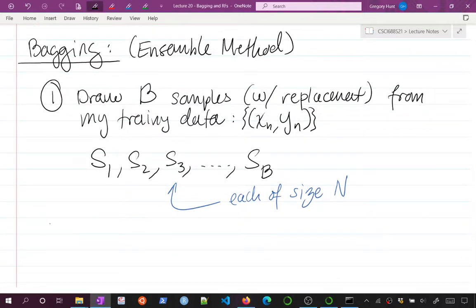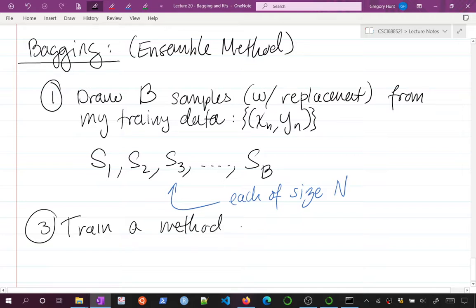Our second step is we're going to train a method on each sample. Let's call it S little b, and let's call this f hat b.